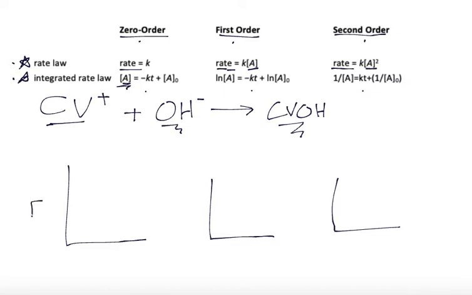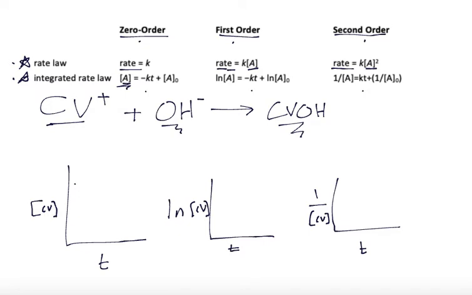So we're going to have the concentration of crystal violet as represented by absorbance versus time, the natural log of that concentration versus time, and then the inverse, or the reciprocal of that, as we go through time.